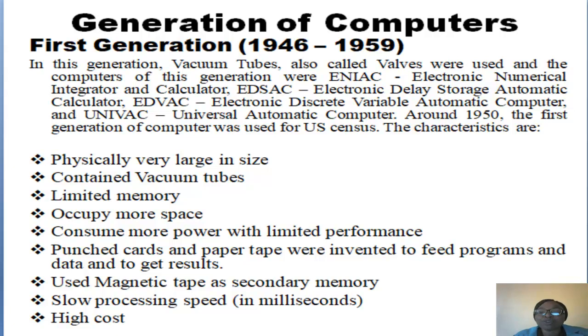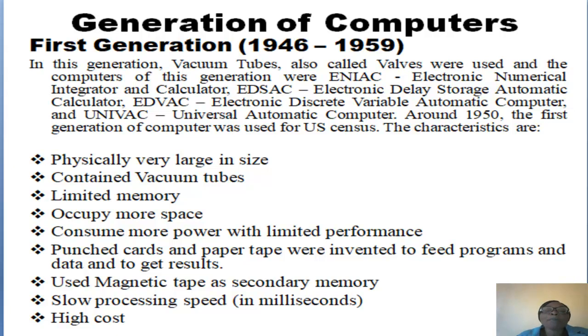Now, what are the features, the characteristics? They were physically very large in size. They contained vacuum tubes. They have limited memory, unlike the computers we have now where you can store so many things, graphics, video, and all sorts of files. They occupy more space.